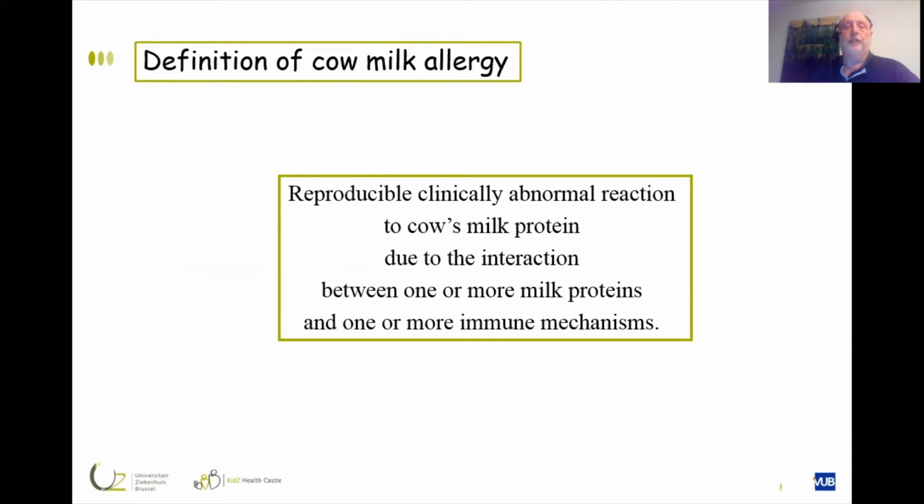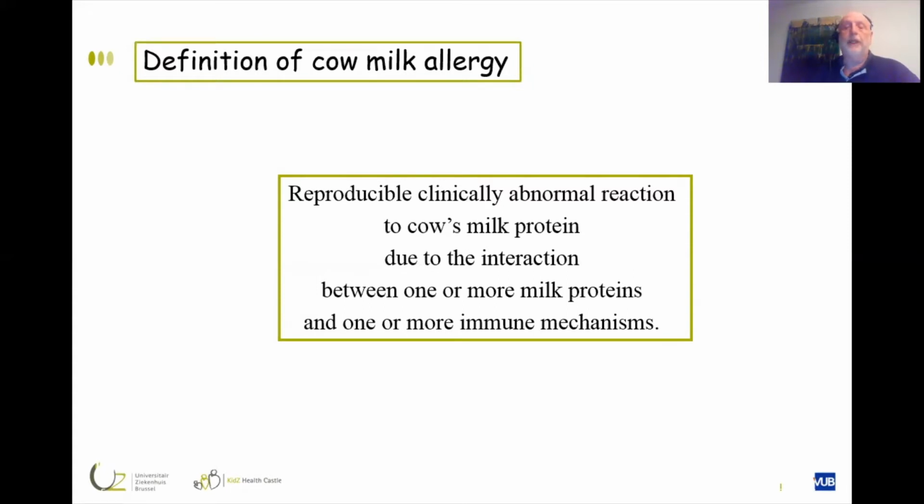What is the definition of cow's milk allergy? Well, cow's milk allergy is a reproducible clinical abnormal reaction to cow's milk protein due to the interaction between one or more milk proteins and one or more immune mechanisms.